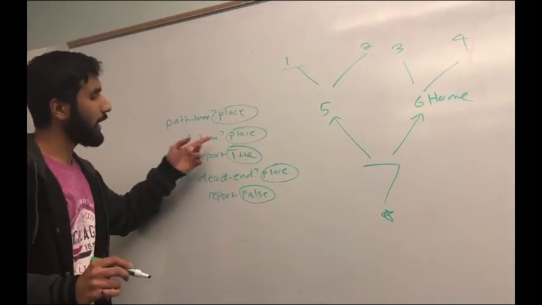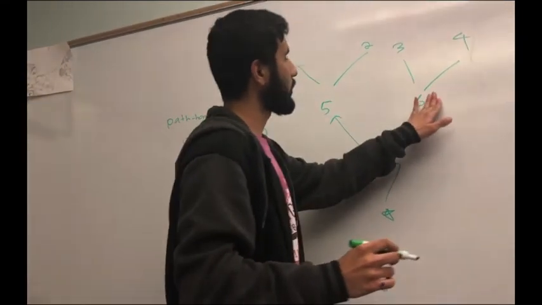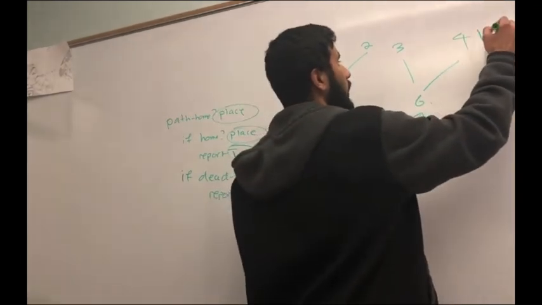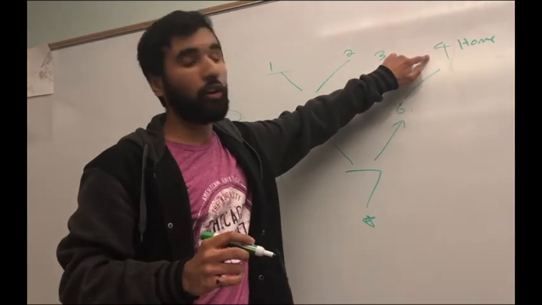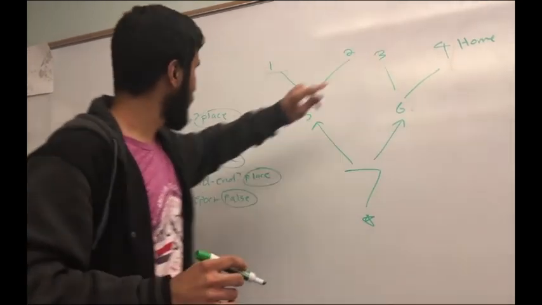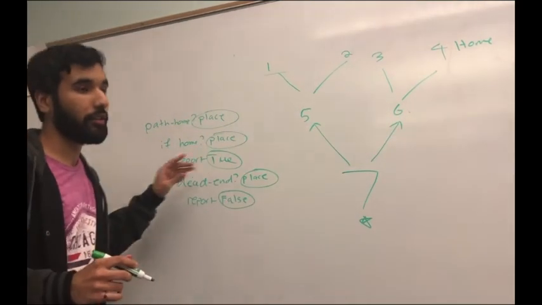Well, imagine if dead end place was first, you wouldn't always be correct because if home was 4, you are home here. However, it's also a dead end. But you don't want to report false because there is a way to get home since you're already home. So you need to check for home first.